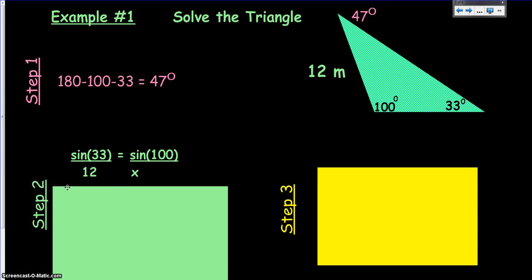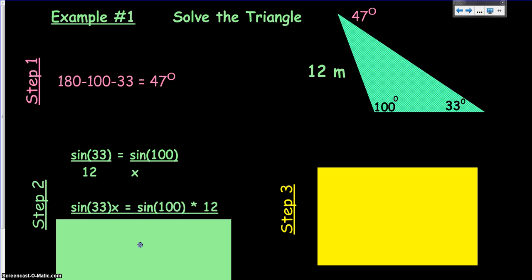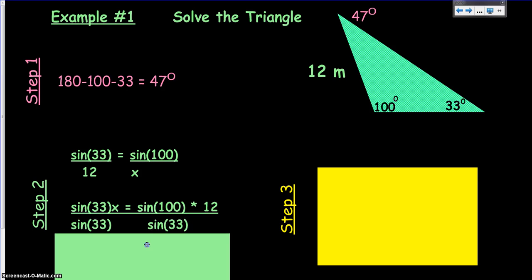Now we are going to do some cross multiplying. When I cross multiply, this is what I get. The sine of 33 times x is equal to the sine of 100 times 12. Now there's a lot of different ways students do this. I'm going to suggest that you let the calculator do the work for you. What I mean by that is instead of typing in sine of 100 times 12 and getting a very icky number, I'm going to type in all that's right here at the same time.